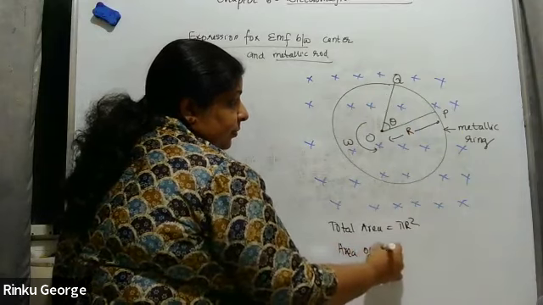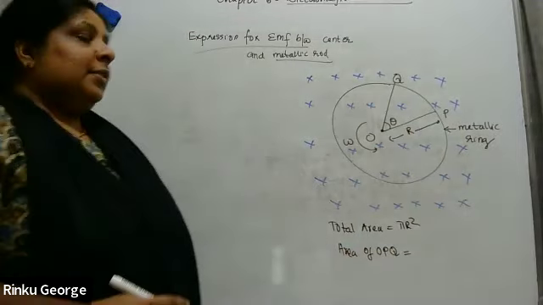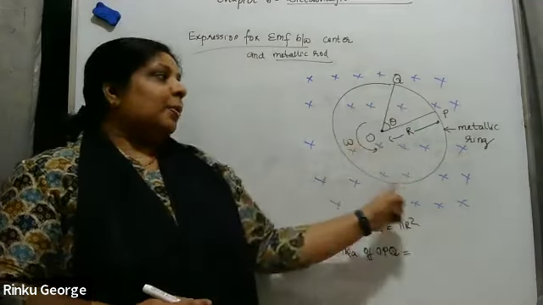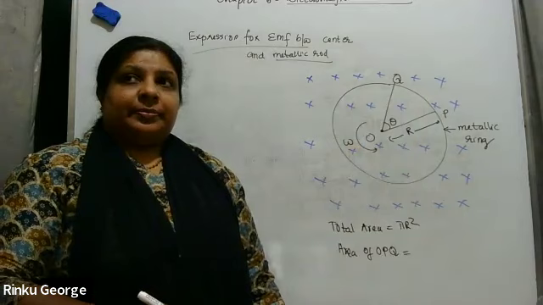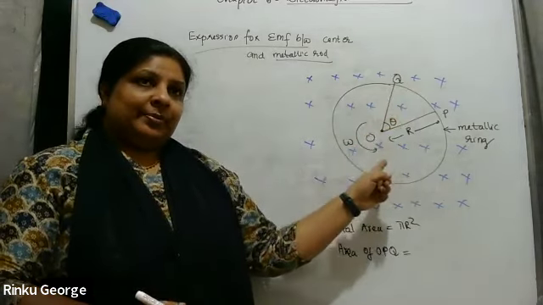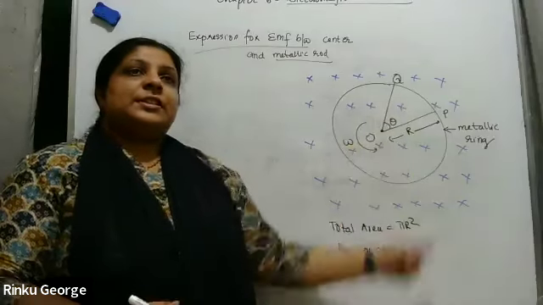It is theta by 2 pi into pi r square. Total area is pi r square. The area of the sector is theta by 2 pi into pi r square.